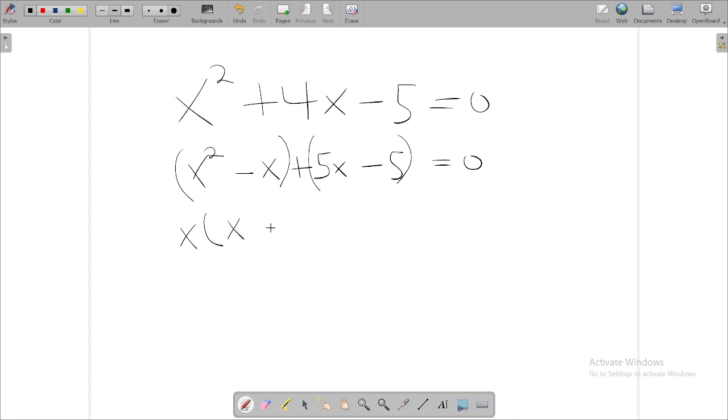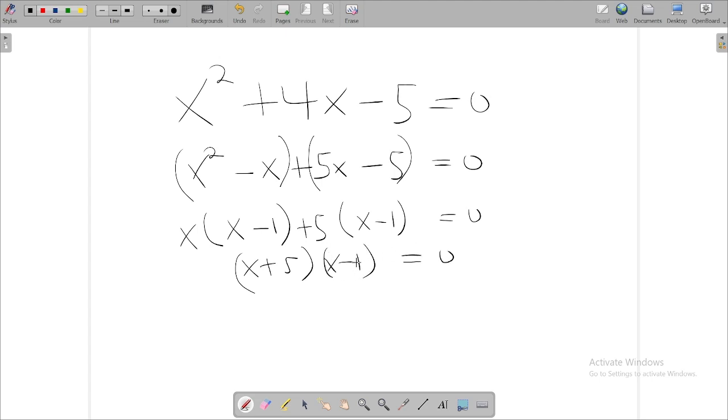We have x here minus 1. Then in factorizing this one here, the common factor there is 5. So plus 5, we have x minus 1 is equal to 0. So we have x plus 5 and then x minus 1 is equal to 0.